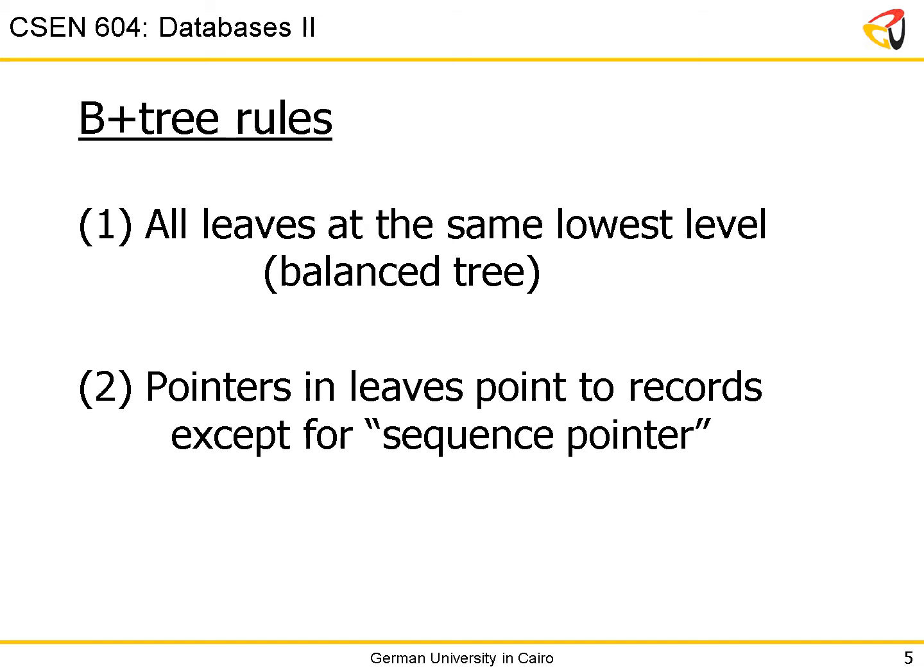The second rule is that pointers in the leaves will point to the table, or the rows in the table, that we are building an index for. These two rules: the first one is related to balancing. This is a rule, which means it always has to be the case, and we will see how B+ trees achieve this rule, that all the leaves are at the same lowest level.